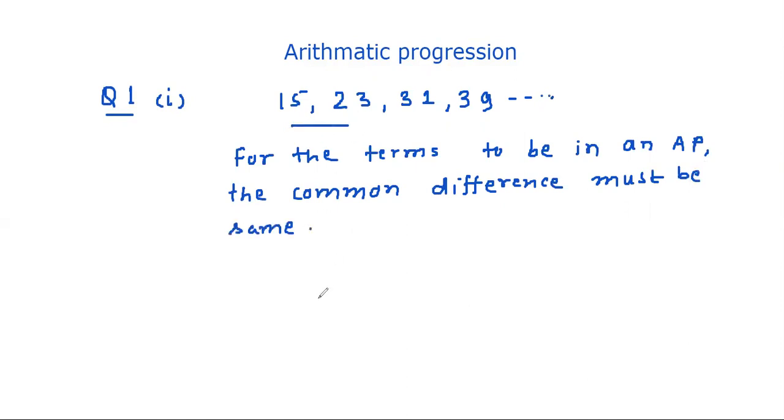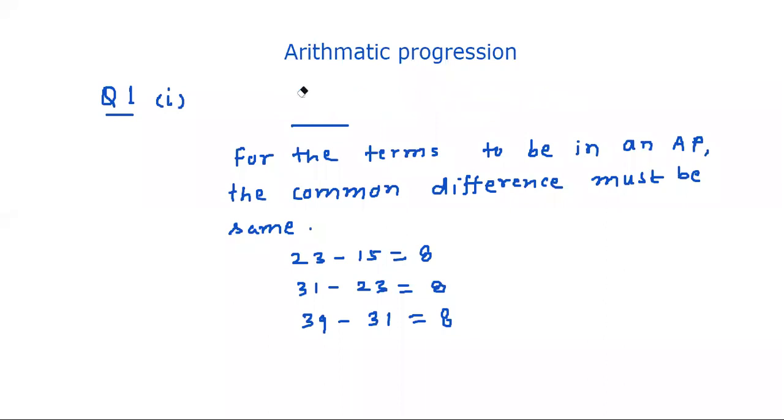Let's check the common difference. 23 minus 15 equals 8. 31 minus 23 equals 8. So here, 39 minus 31 equals 8. So we observe that the common difference is constant, so it will be in an AP. Now let's go to the next question.